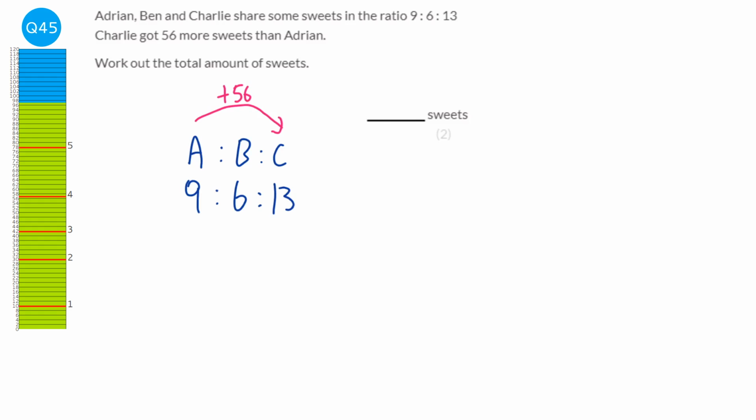Well, looking at the actual parts of the ratio, there are 4 more parts. So plus 4 parts, which represent plus 56 sweets. So 4 parts are worth 56 sweets.